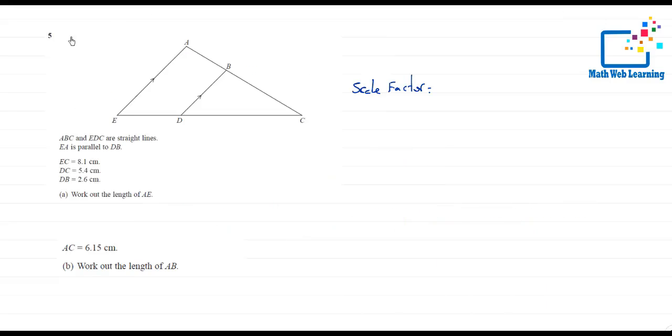Right, question 5 is on similar shapes, or triangles I should say. Now the scale factor is between these two triangles, AEC and the other triangle, which is BDC.